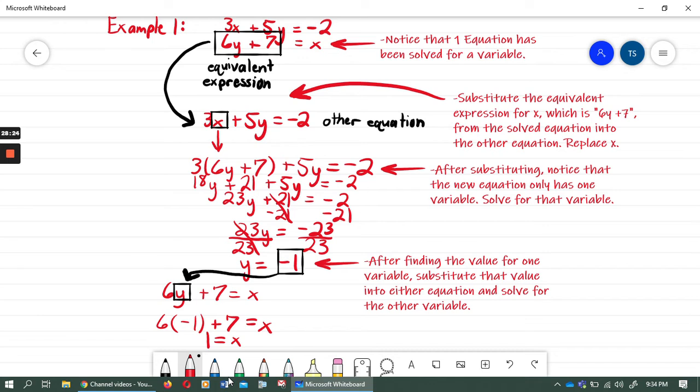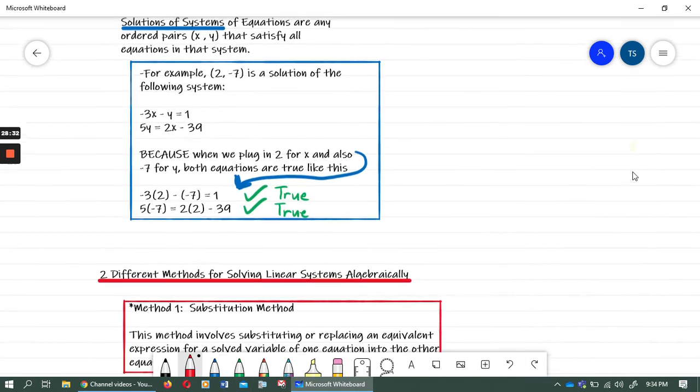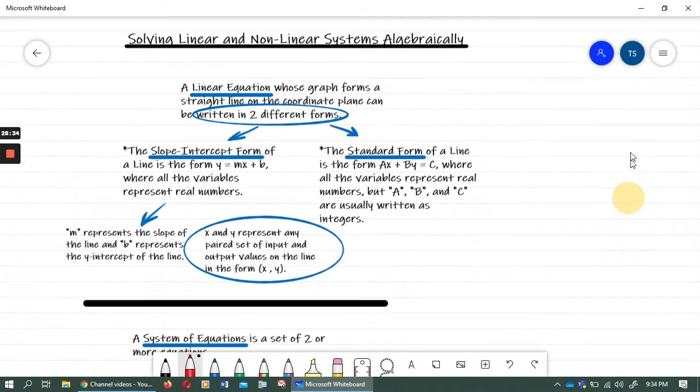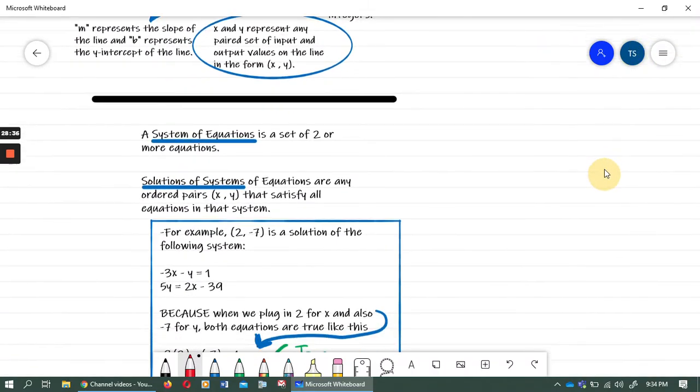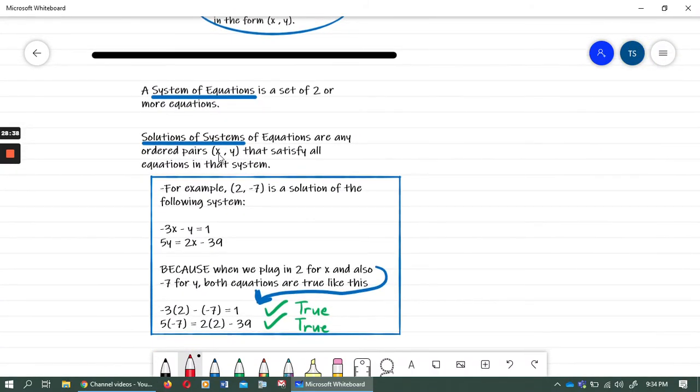So are we done? Not really. Why are we not done? Well, Mr. Starkey, you said that a solution is an ordered pair in the form x, y. We got the x value, we got the y value. But what else did I say?